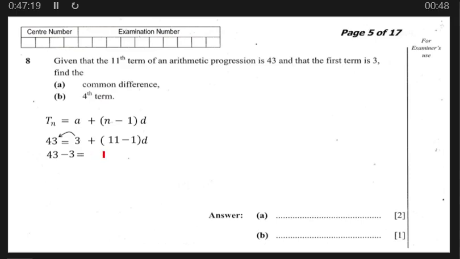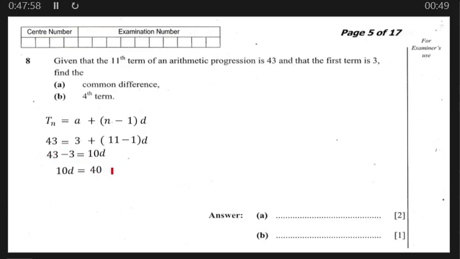Then here we first subtract 11 minus 1, which will be 10, and 10 times D will be 10D. We start with this term, because this is the one which has the D we want to know. So we'll say 10D is equal to 43 minus 3, which will be 40.